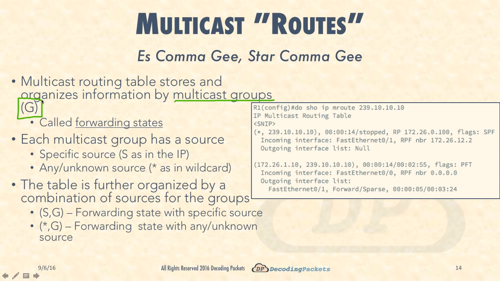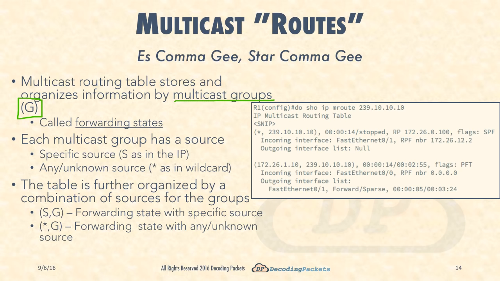These are the actual multicast groups. So think back to lecture 1. And these would be all of the class D addresses between 224.0.0.0 to 239.255.255.255. So all of those groups, every individual one, will be stored in the multicast routing table, and there would be some information that is associated with it.